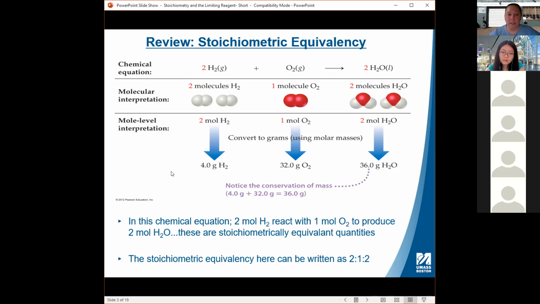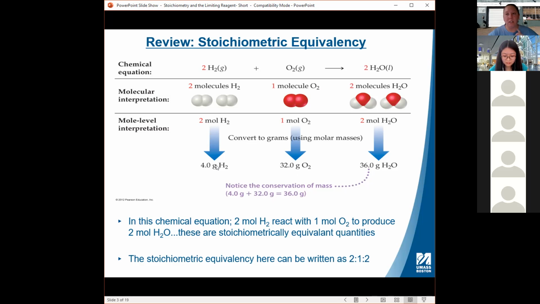So for instance, in this example, they're saying 4 grams of H2 plus 32 grams of O2 makes 36 grams of H2O. Now, in order to make sure this is correct, we would have to convert these amounts to moles to make sure that that's possible.